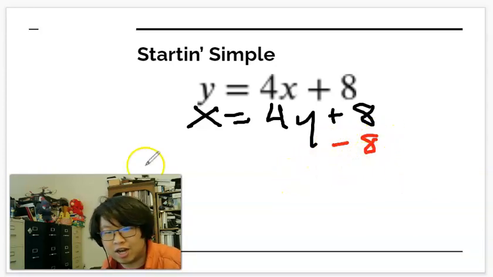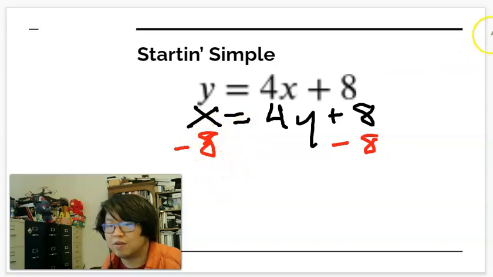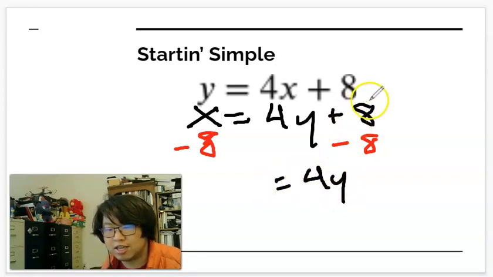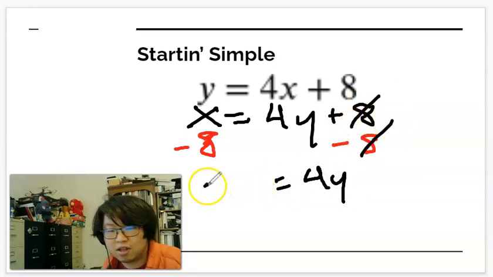What you do to one side, you have to do to the other. So here's minus 8 on this side. When you do that, you should end up with 4y equals x minus 8, because these cancel.